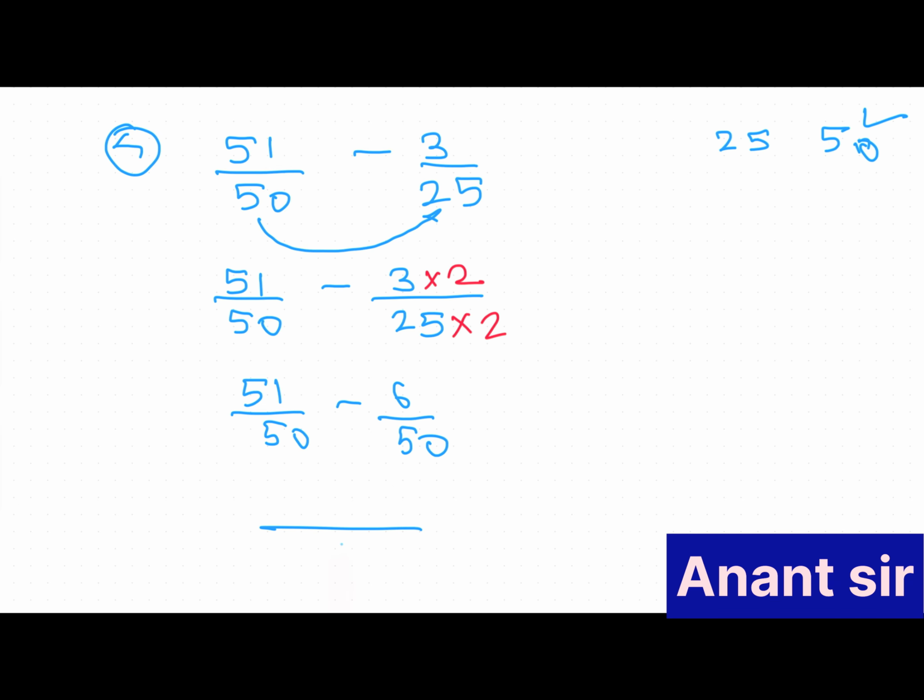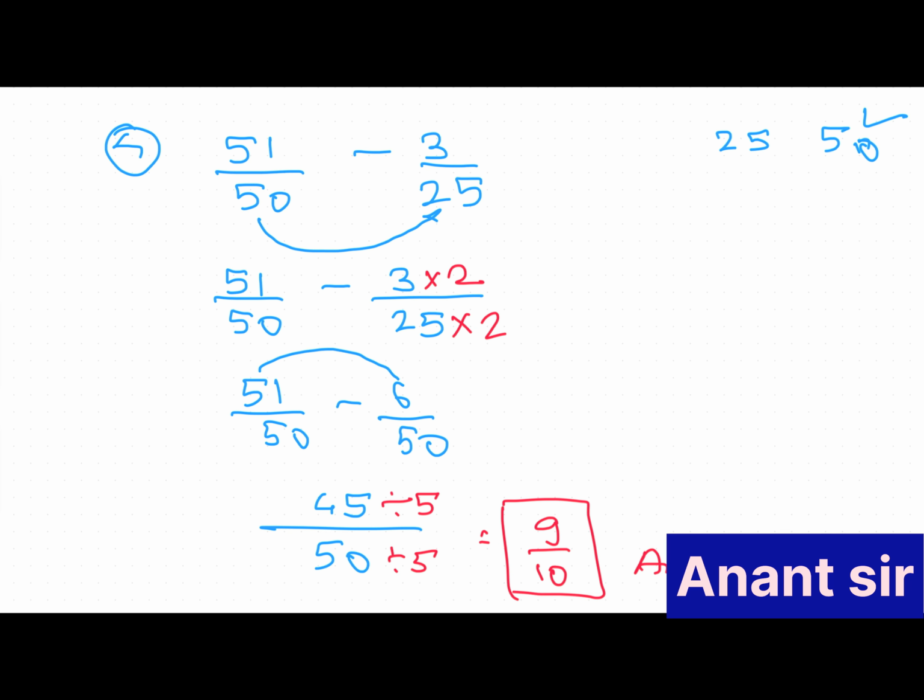Now as the denominator is same, I have written it once, I am just subtracting 51 minus 6, my answer is 45. Now as we know that these two numbers are divisible by same number 5, I am dividing by 5, and my answer will be 5 9s are 45, 5 10s are 50. This is going to be my final answer.